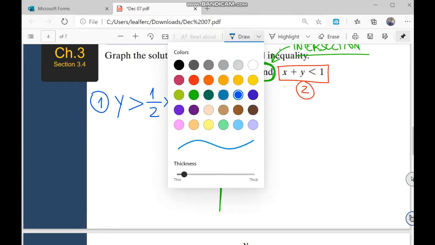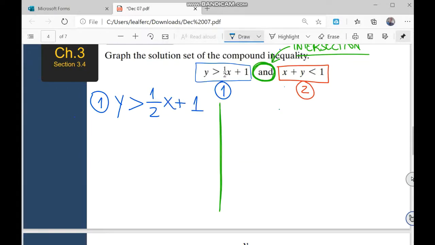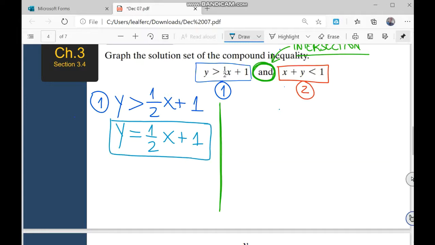Step number 2, graph the related equation. The related equation is this one: y equals 1 over 2 x plus 1. This is what we need to graph.